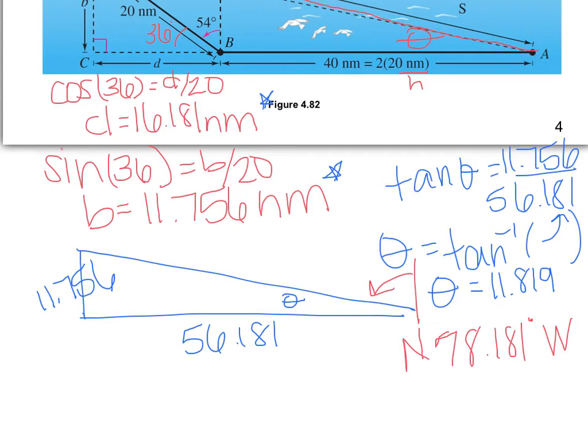To solve for the hypotenuse, I would just use my two sides that I solved for, and use the Pythagorean theorem. Don't round until the end. You get 57.397 nautical miles. Alright, we got our two answers. Was there more than one way to go about this? Sure, this is just one example.